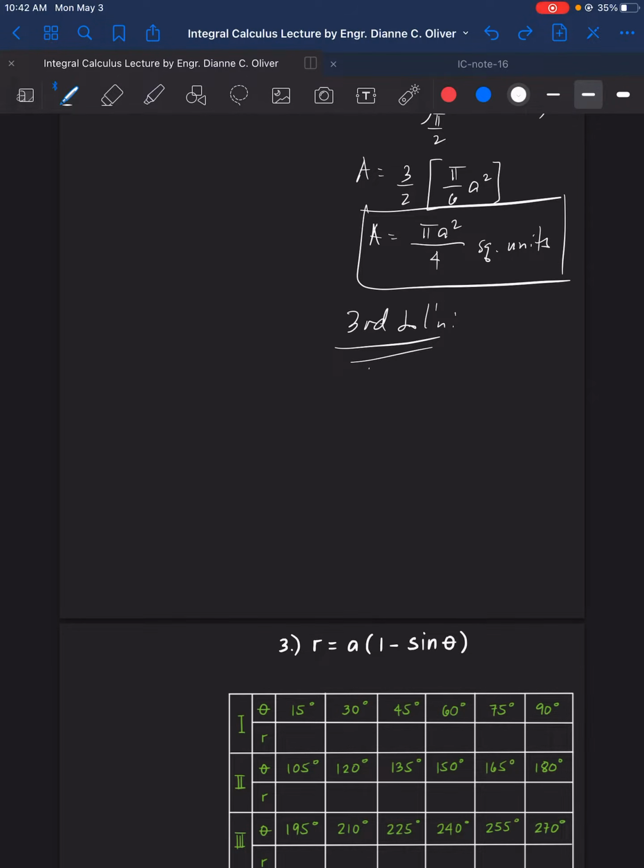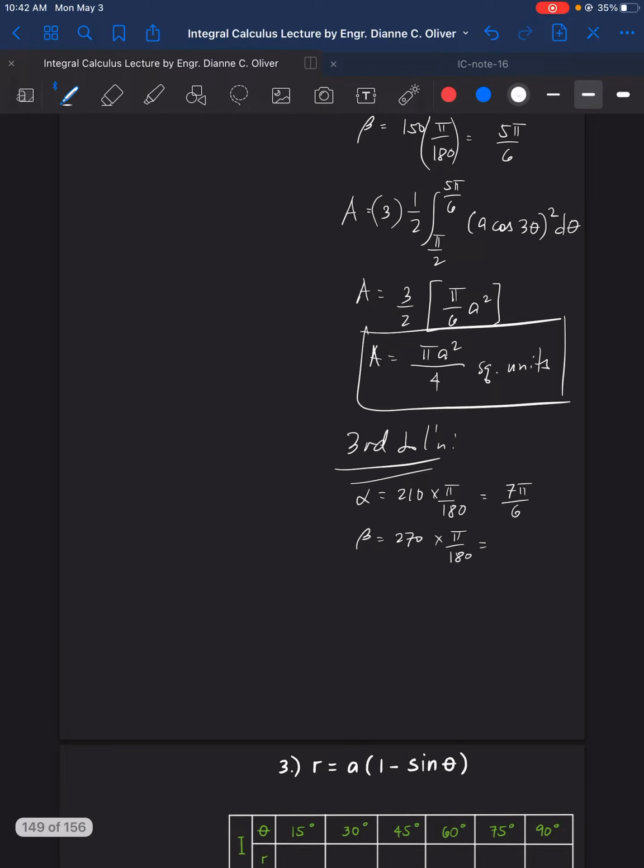For the third solution, we determine the alpha as 210 times pi over 180 equals 7 pi over 6. And then the beta is 270 times pi over 180 equals 3 pi over 2.